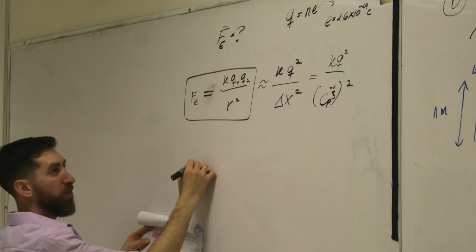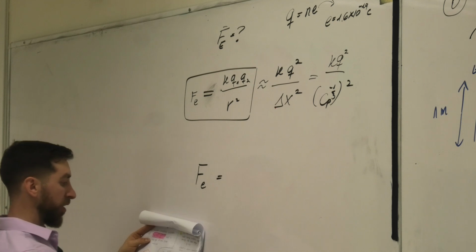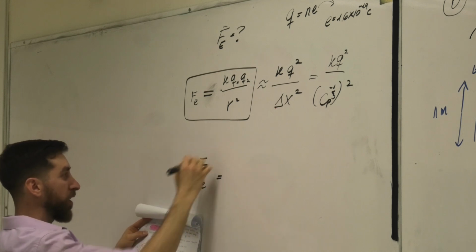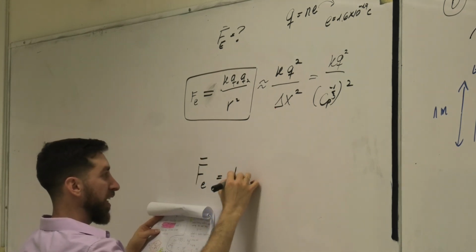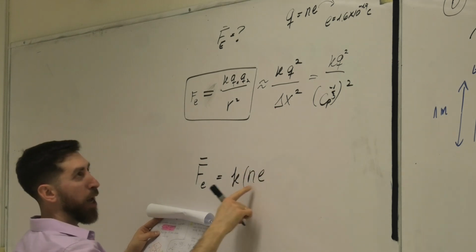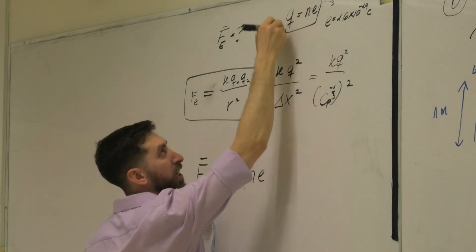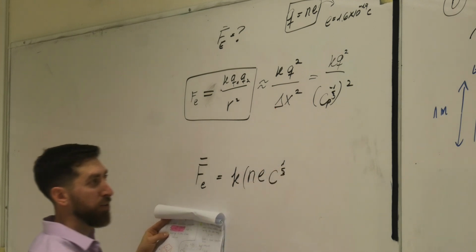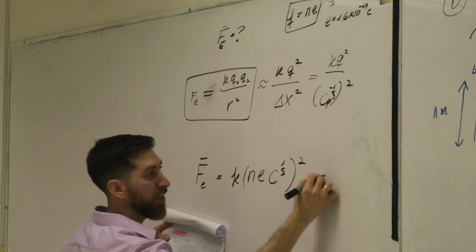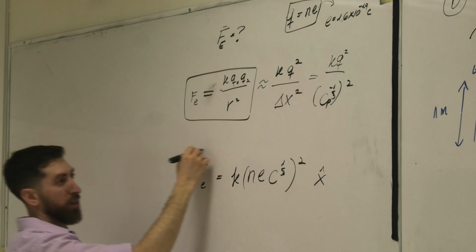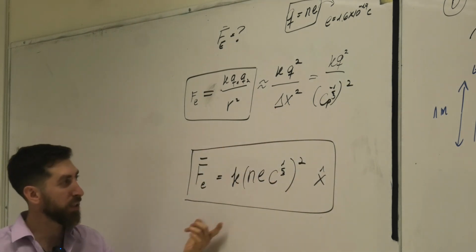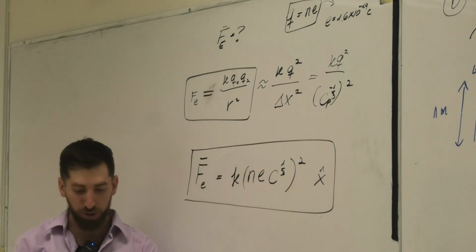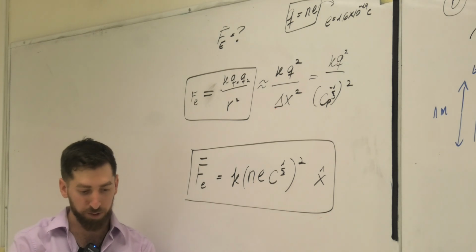So if we organize our equation, the repulsive force between the particles is K, NE, I put Q as NE, right, over Cp to the minus third squared in the X direction. So this is the repulsive force between the particles.